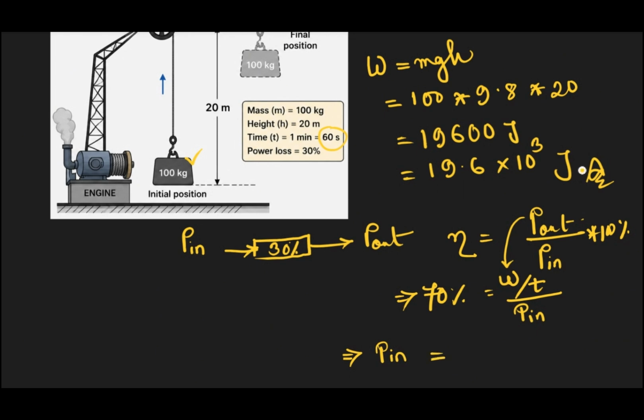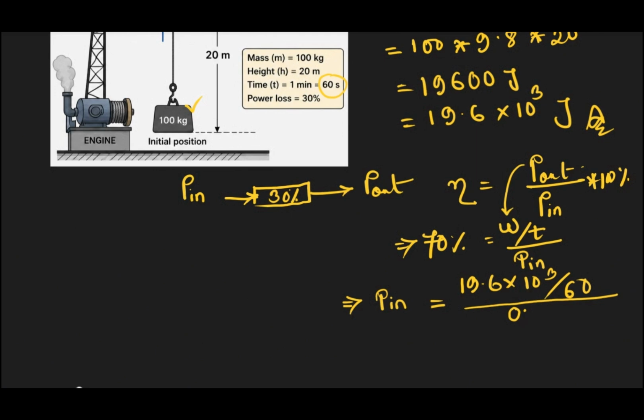So P in is equal to, the output power is 19.6 times 10 to the power 3 over 60, and the efficiency is 70%, so it will be 0.7.